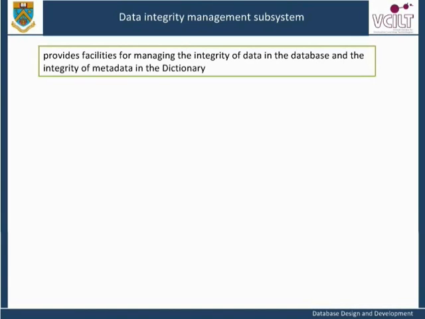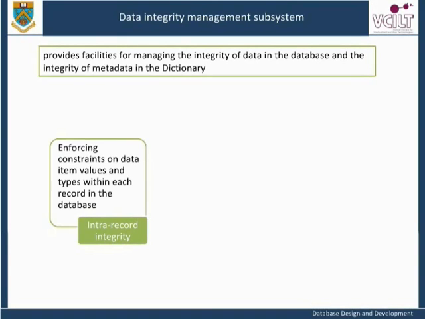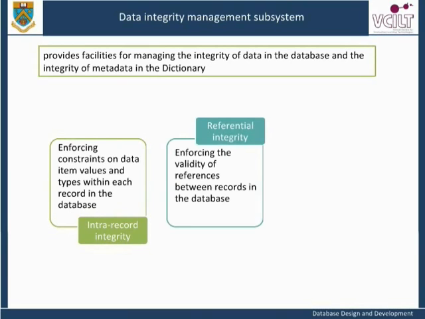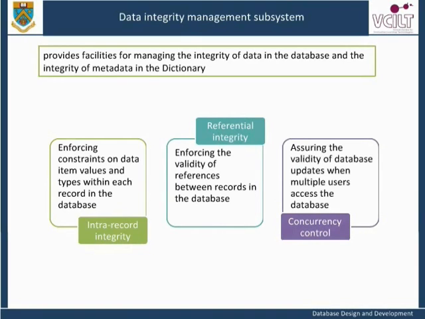There are three important functions: intra-record integrity, enforcing constraints on data item values and types within each record in the database; referential integrity, enforcing the validity of references between records in the database; and concurrency control, assuring the validity of database updates when multiple users access the database.